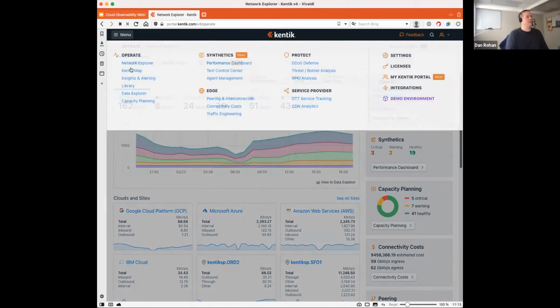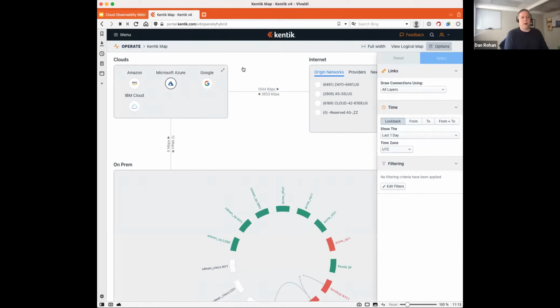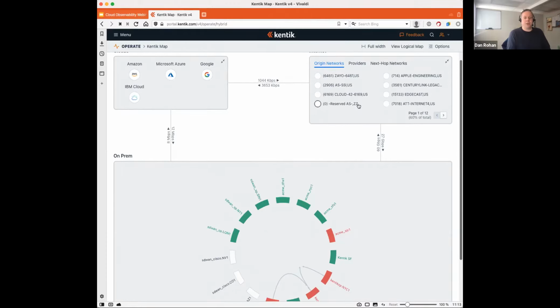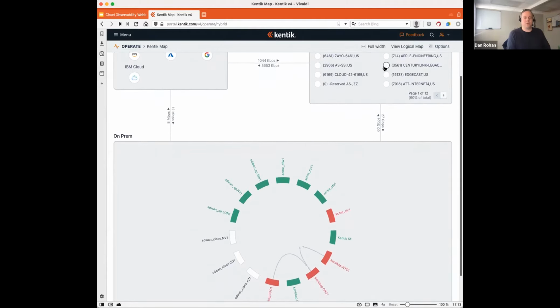So let's go into the Kentik Map. The Kentik Map is a feature that allows you to see your entire infrastructure all at once. Just as a tour here, we can see the cloud providers that Acme runs their infrastructure in. And then we also see the internet block, which includes the source and destination ASNs, the providers, and the next hop networks that show the traffic that we're flowing to and through.